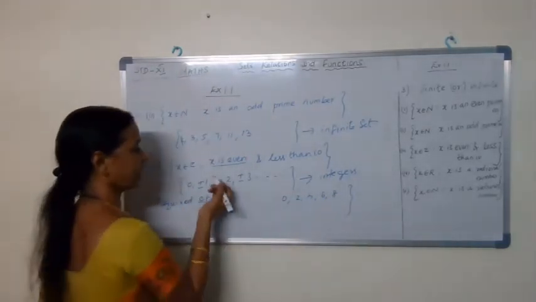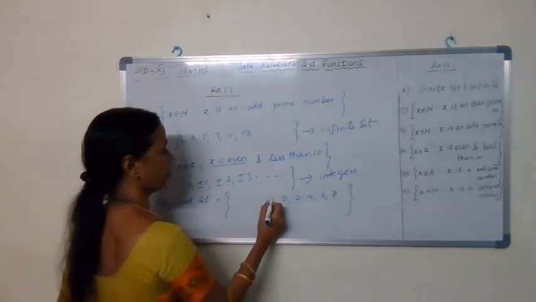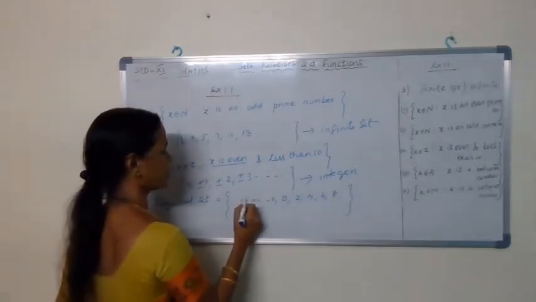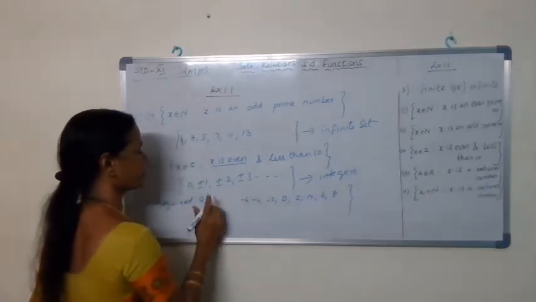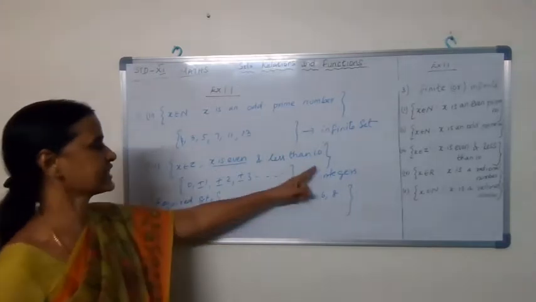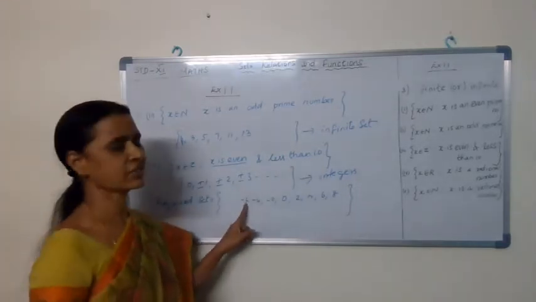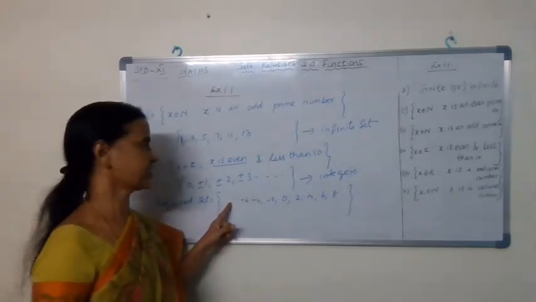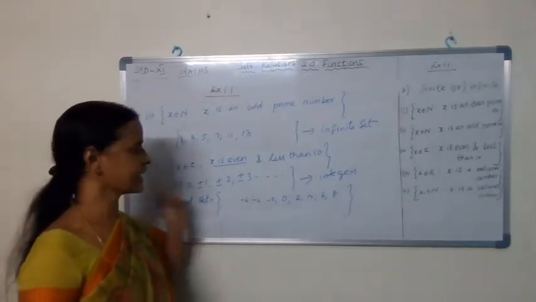And here you also have negative numbers: minus 2, minus 4, minus 6, etc. This side you have etc., because it must be less than 10. Even minus 6 is less than 10, minus 8 is less than 10, minus 10 is less than 10. You have this side etc.